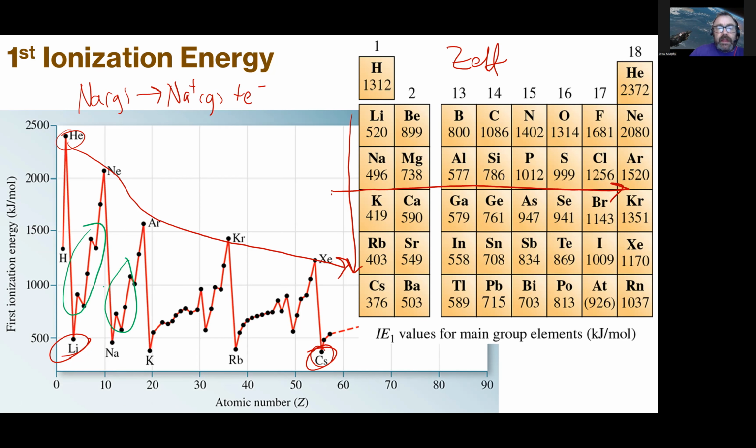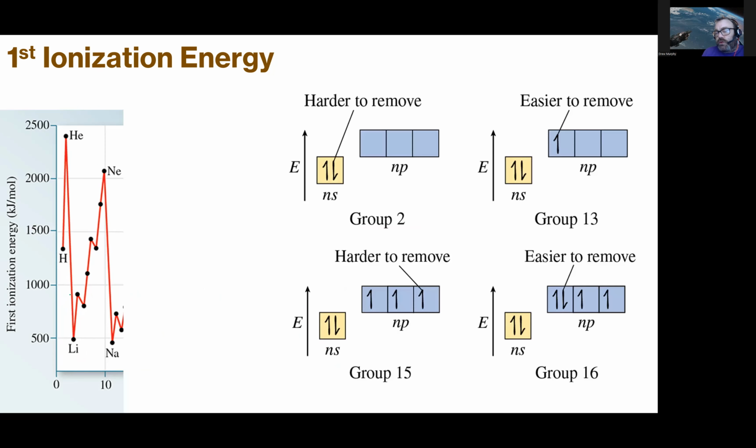As you get farther down, like in here, now we're talking about transition metals, and transition metals are weird, so we're not going to stress about it in this course. All right, so why do we get those jumps in the weirdness here? In general, the trend is that it increases as you go across the period, but there's some discrepancies. It's not a smooth trend.